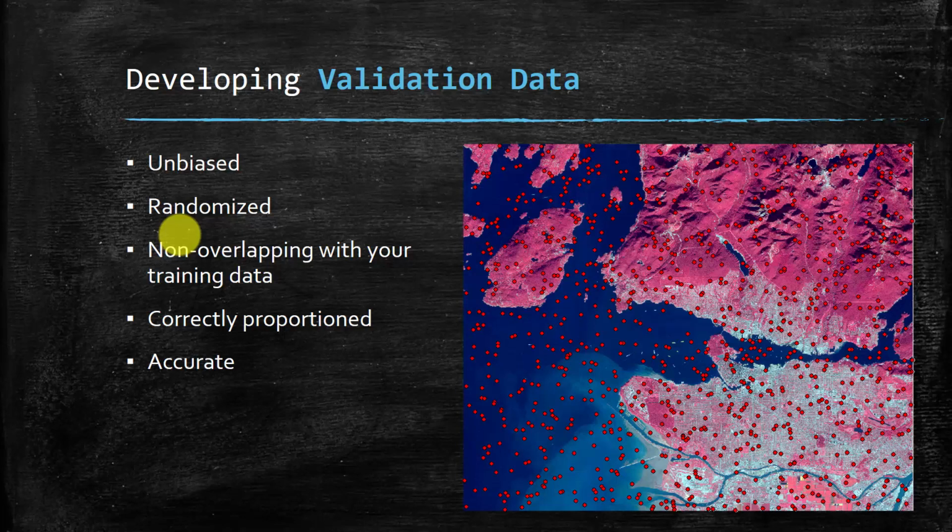So you're comparing to something of higher quality. We try in remote sensing and GIS and spatial science to not use the term ground samples or ground truth, because ground truth implies that your validation data are 100% correct, but no data are 100% correct. The goal here is to have data that's just better than the model to compare it to.